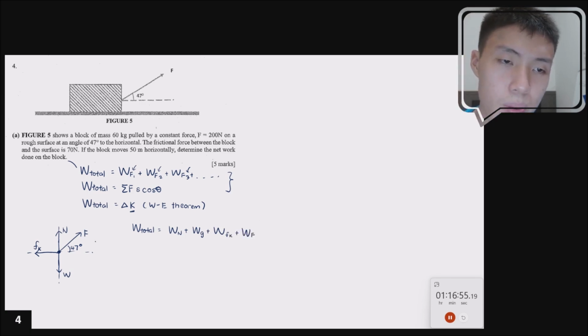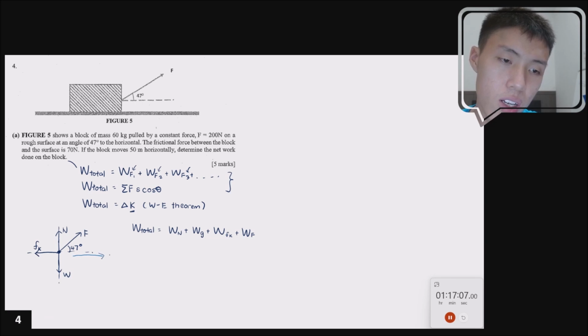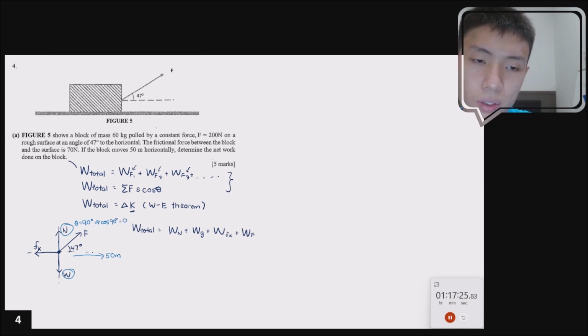Luckily, we know that the displacement is 50 meters horizontally, following the direction of the external force. So the work done for normal force and the work done for weight should both equal 0 because theta is equal to 90. Therefore, cos 90 will be equal to 0.